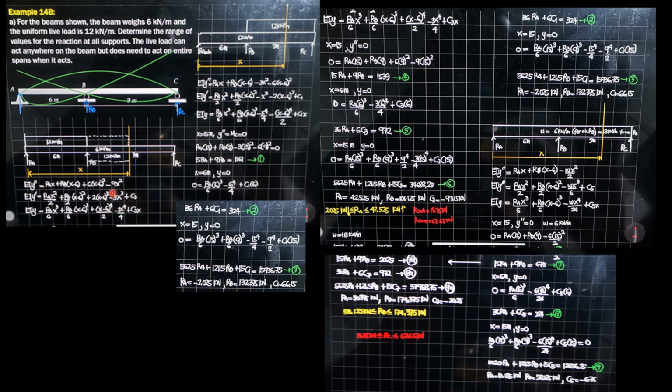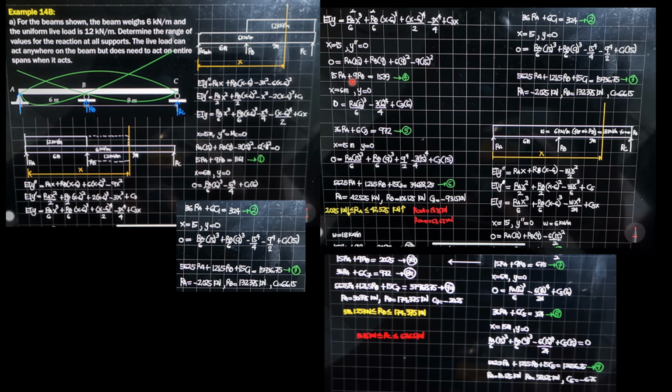Then when we set X equals 15, moment at C again is 0. So it's like summing up moment about C equals 0. So when X is 15, Y double prime is 0. 0 is RA times 15 into this equation plus RB times 9 plus 6 times 9 squared minus 9 times 15 squared.